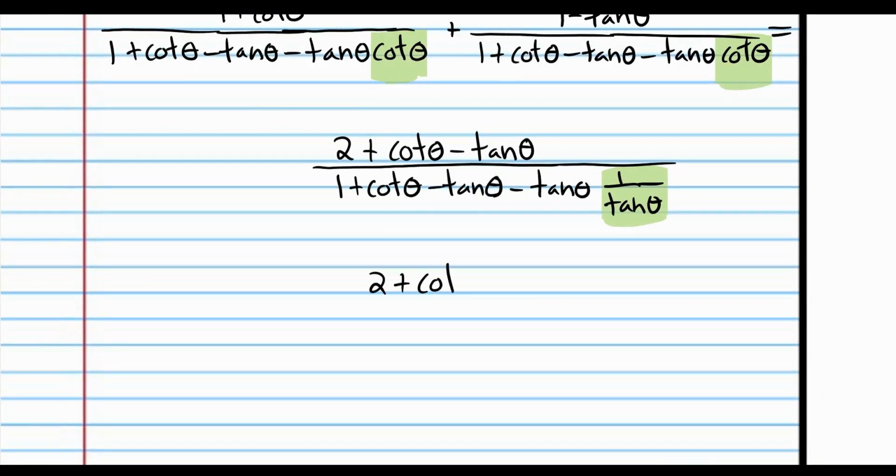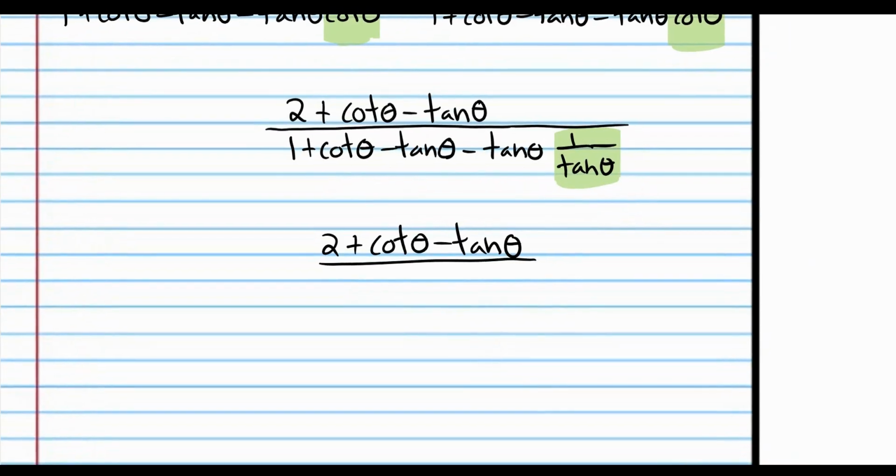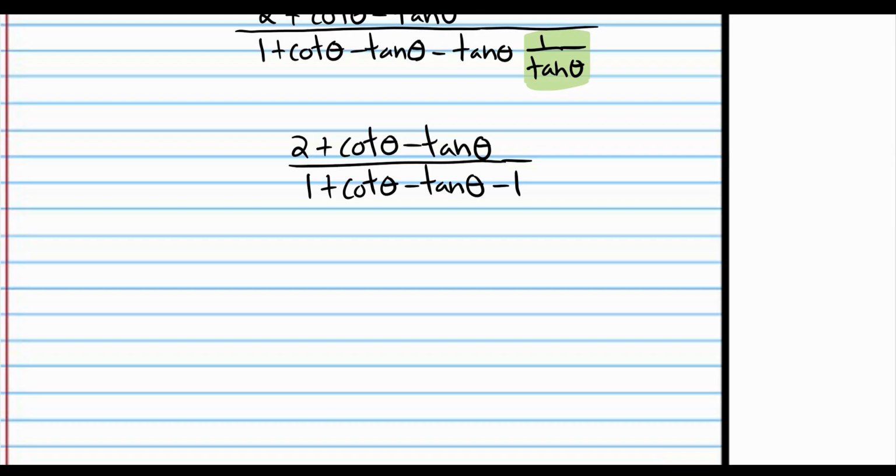Now again, you don't have to show quite this many steps. You can kind of skip a few things. But when you multiply these, we get 1. So we have minus 1. The 1's cancel out, and we're left with 2 plus cotangent theta minus tangent theta over cotangent theta minus tangent theta.